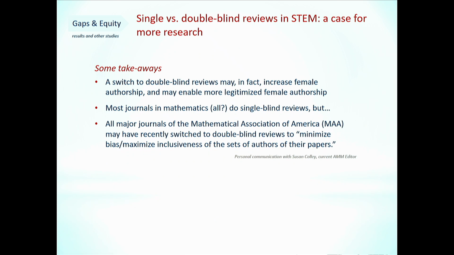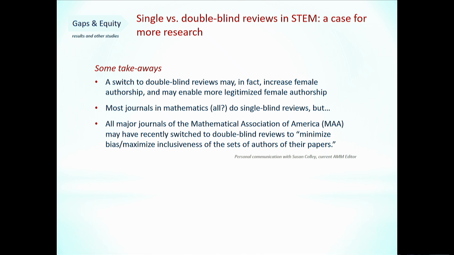And some takeaways from these preliminary results is that a switch to double-blind reviews may, in fact, increase female authorship and may enable more legitimized female authorship. By that, I mean to draw attention to this switch, the drop in abbreviated unknowns, coinciding seemingly with the increased authorship by females.